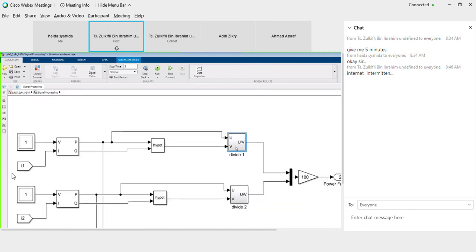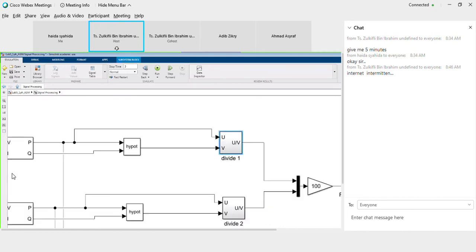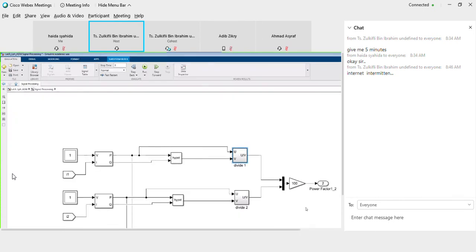VU, so divided by this, and then this is all the calculation of the power factor. Boleh fikir macam mana. Power factor simple dia, bila ada power, the tangent sebagainya. Ni pakai hypotenuse pula. Hypotenuse. Alright.